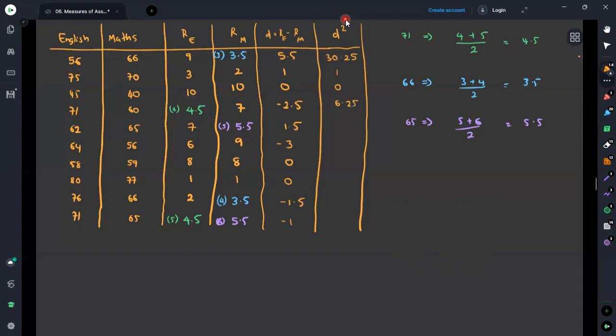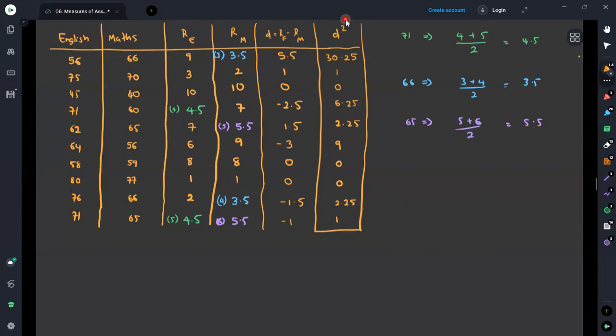Then 1.5 squared is given as 2.25, minus 3 squared is 9, 0, 0, minus 1.5 squared, we'll get again plus 2.25, then minus 1 squared is plus 1.